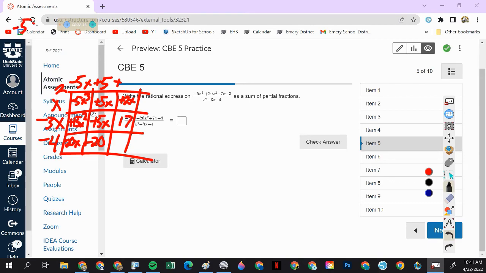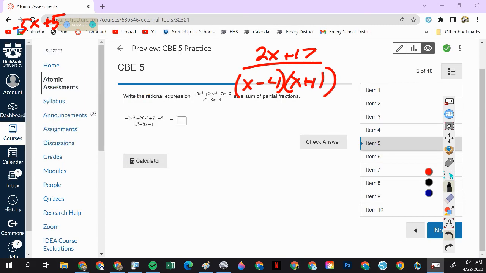So negative 5x plus 5, and then my remainder is 2x plus 17 over x minus 4 and x plus 1. Yep, this is just a and b. So a over x minus 4, b over x plus 1.